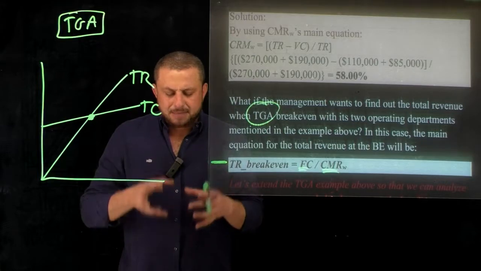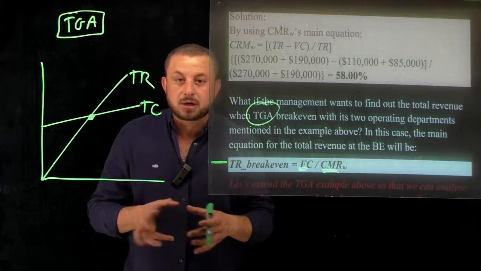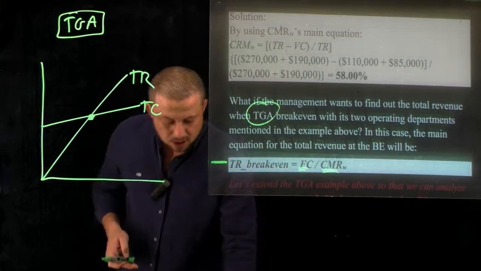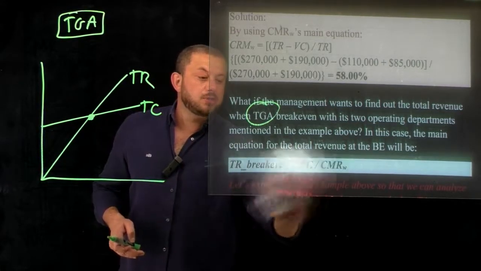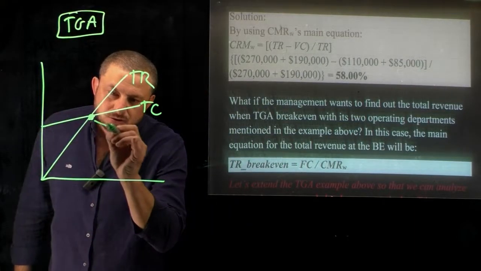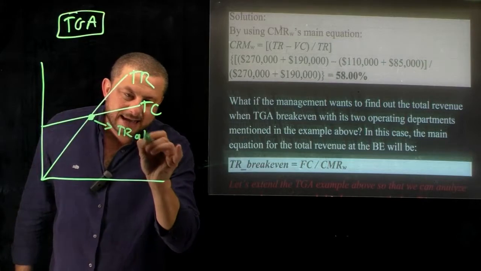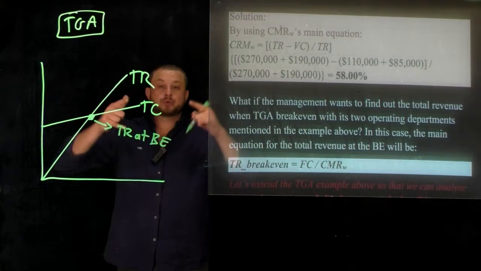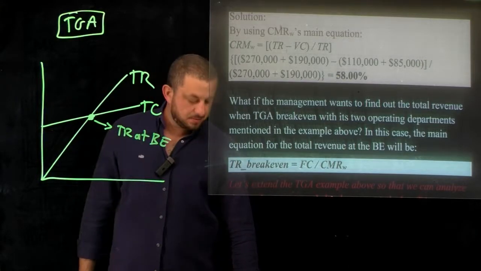We have to combine them based on their profit importance, which are called weights. Therefore, we have to utilize CMRW. So, this is the equation for TR break-even. So, we are looking for the total revenues needed at break-even level for TGA along with its 2 revenue generating departments. Okay?